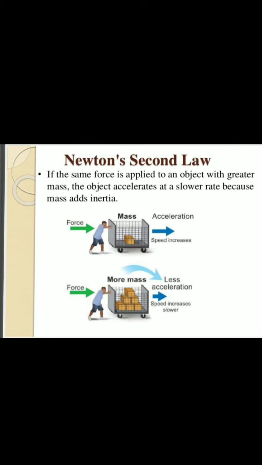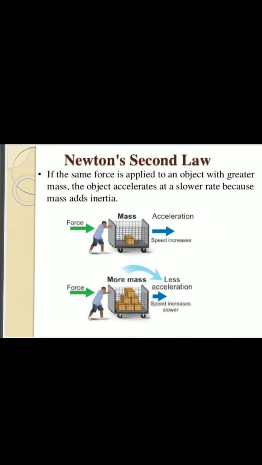But in the second case, if the force is constant, that means the same force applied on a lighter object and a heavier object, the lighter object moves first compared to the heavier object. Clear?